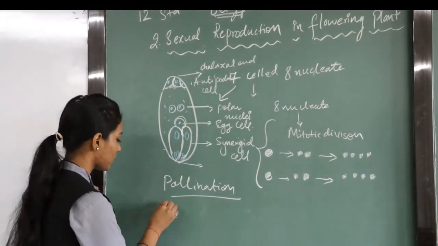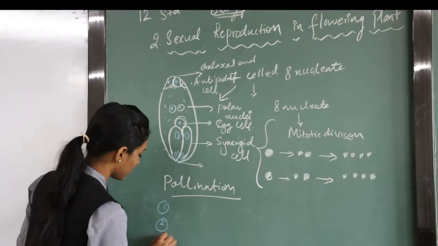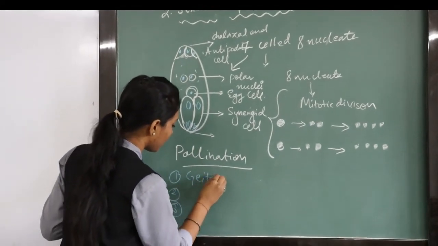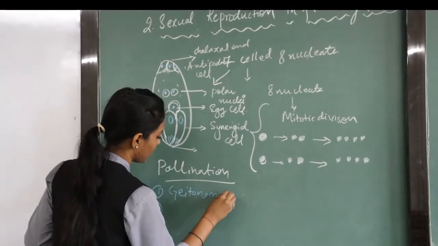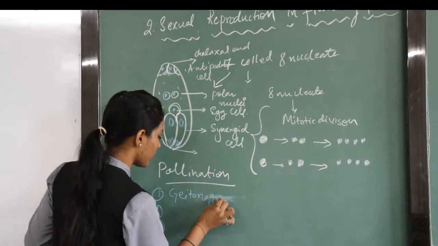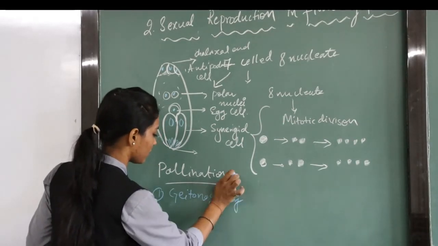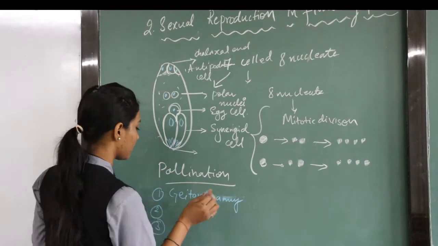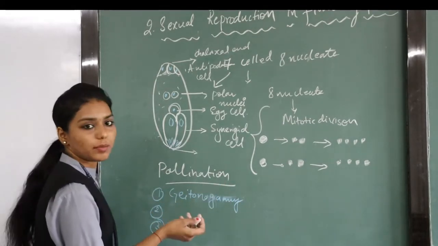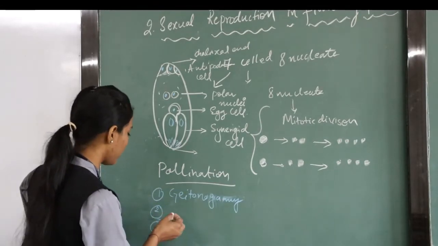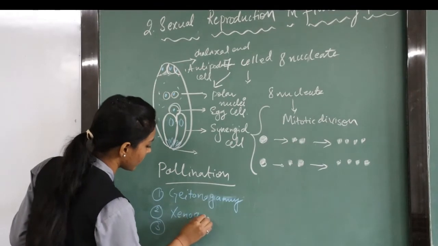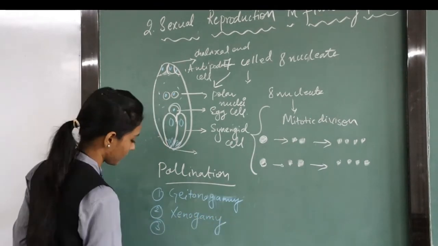In pollination we have seen 2 things: geitonogamy, for which I gave the correction in the previous lecture, and xenogamy.